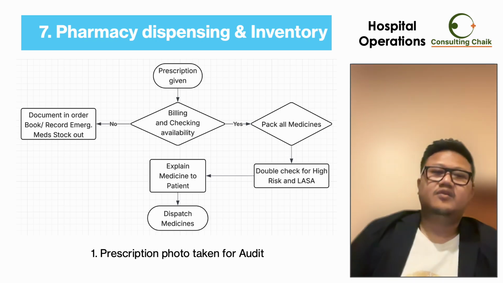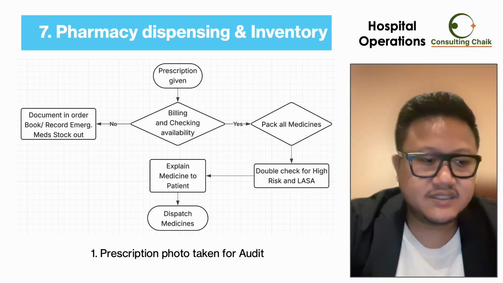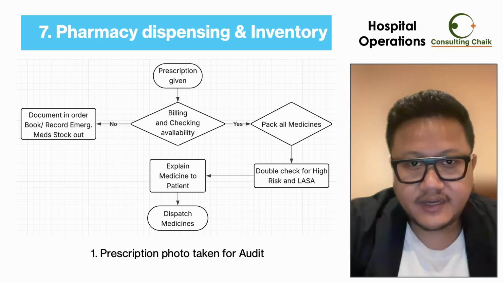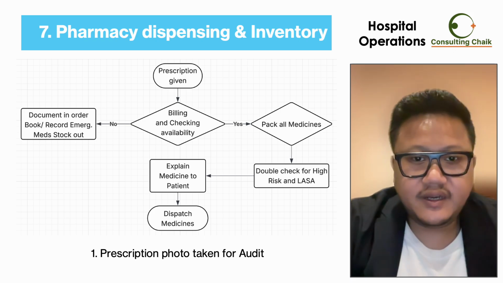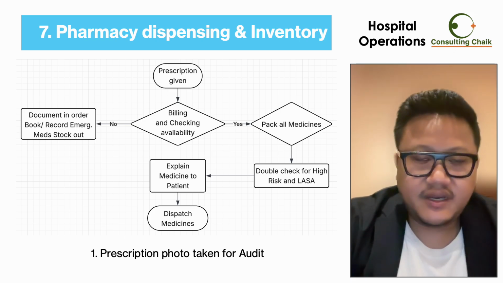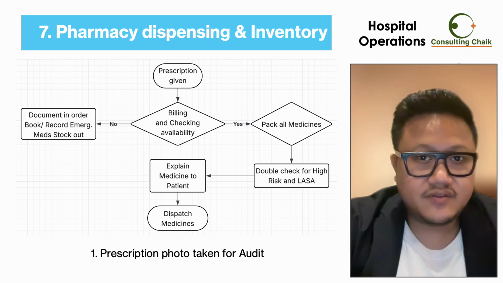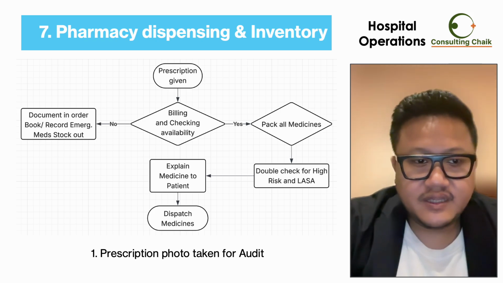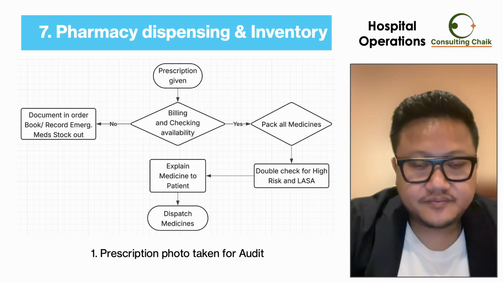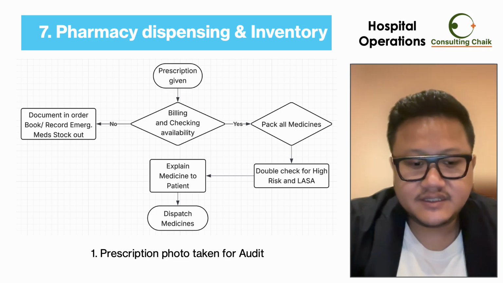Or if your audit system is very quick and robust, you can do it then and there. It may take 2 minutes of time, but when the line of patients is very long, it may delay your service time. So prescription given, then billing, and then the billing starts.